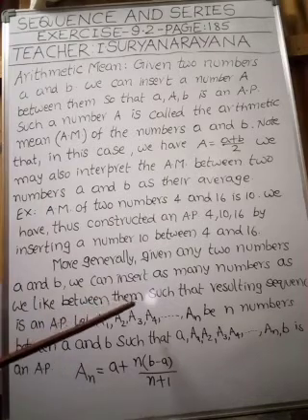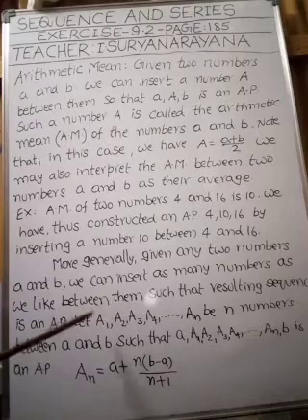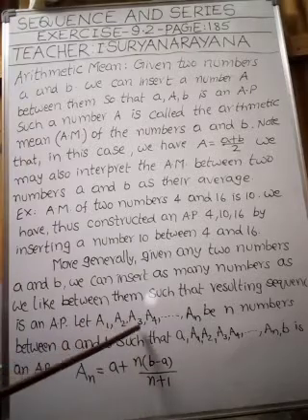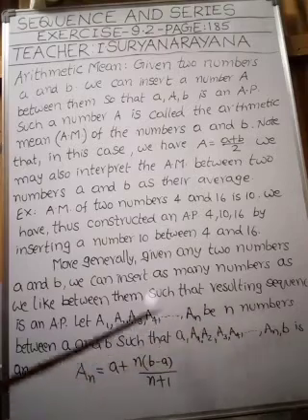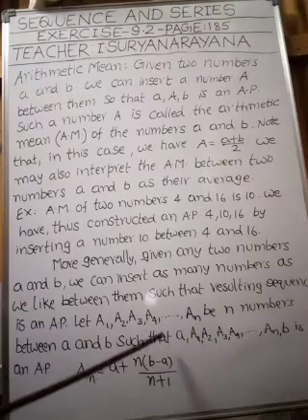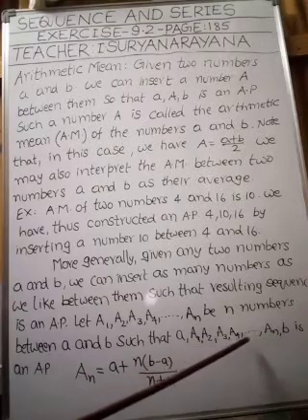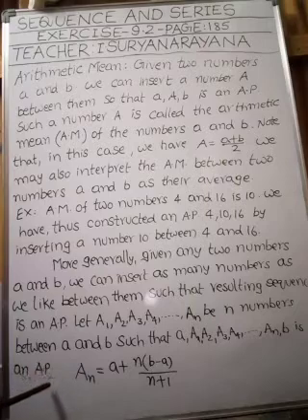Let A1, A2, A3, A4 and so on, An be n numbers between a and b such that a, A1, A2, A3, A4 and so on, An, b is an arithmetic progression.